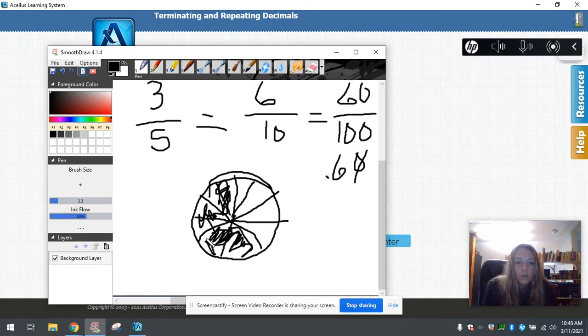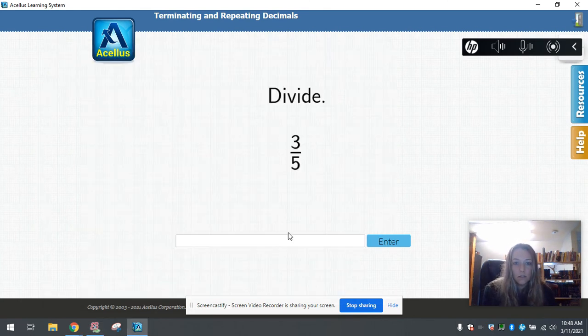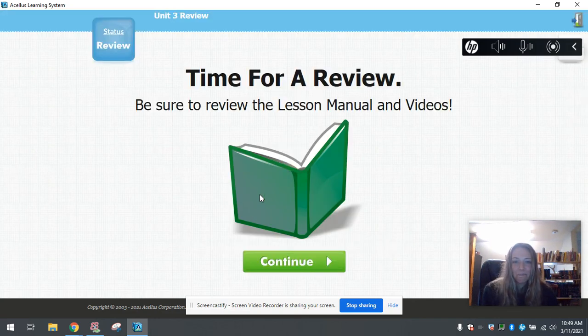Now, you're just going to have to pretend we did this, because I'm not cutting this up into 100 pieces. But if we wanted, we could cut this pizza up into 100 pieces, and if we ate 60 of them, that would be the same as eating 6 out of 10 pieces or 3 out of 5 pieces. So this is why they're all equivalent. Or you can put it in your calculator, 3 divided by 5, and you'll get 0.6 or .6.